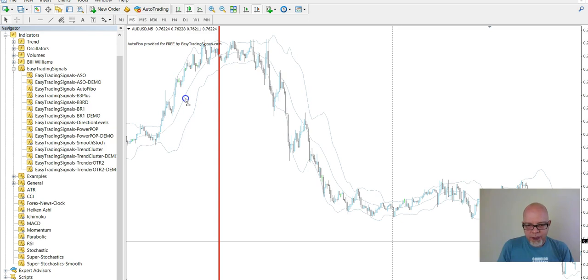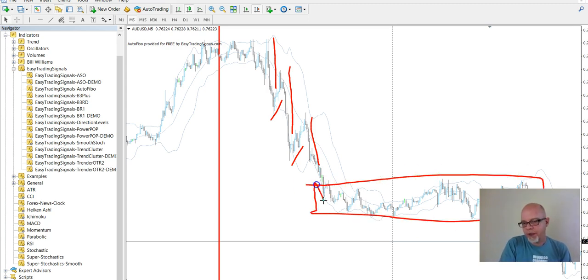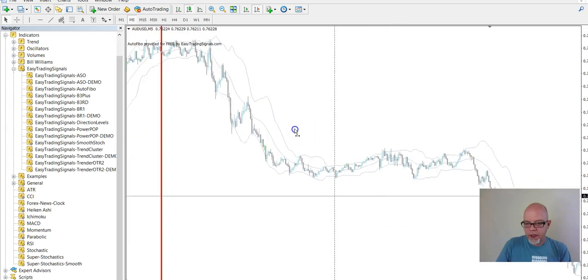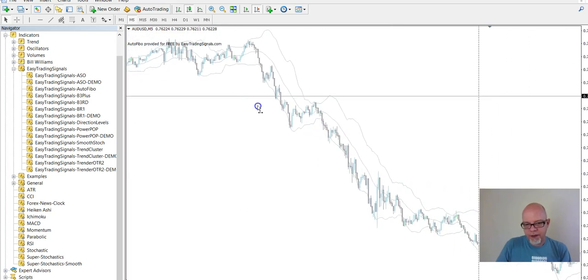Right, so look at that. Once again, you have a set of 5. 1, 2, 3, 4, 5. Right? And then you've got a sideways movement, and then it repeats itself again.